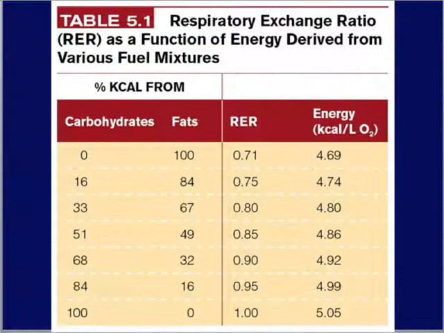I don't want to give you some eye gymnastics as I'm flipping through here, but if we go back to this chart, we go to 0.85, and we look. We have 4.86 kilocalories for every liter of oxygen utilized. And keep in mind we have that 49% fats and 51% carbohydrates.